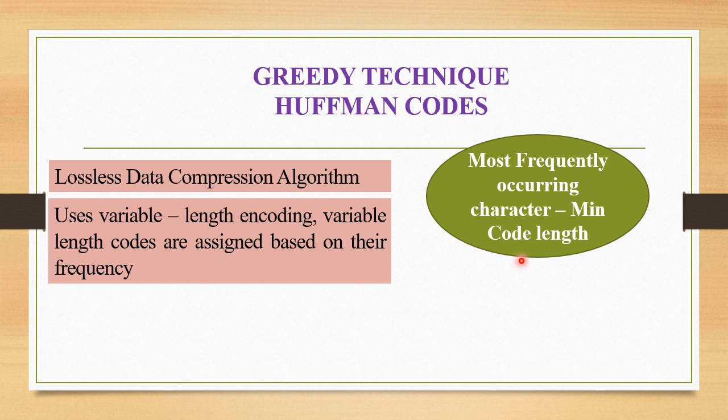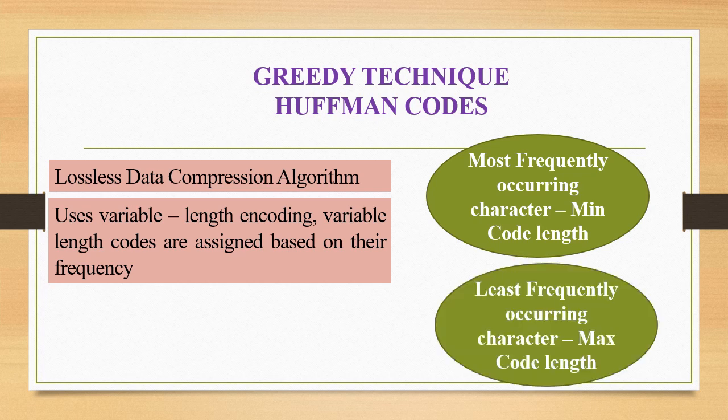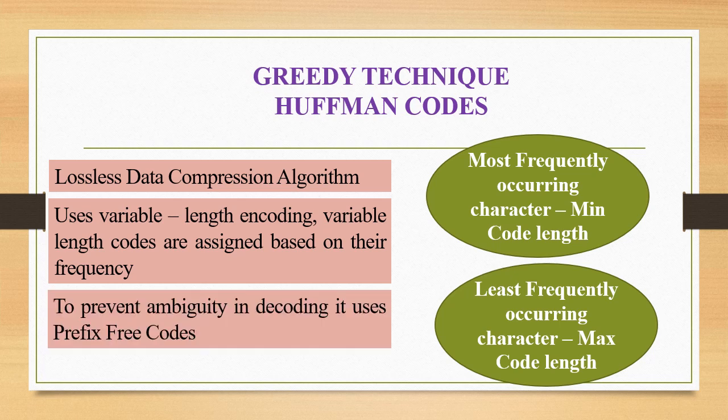Similarly, the least frequently occurring characters will have the maximum code length. To prevent ambiguity in decoding, which means repetition of the same codes, it uses prefix-free codes.